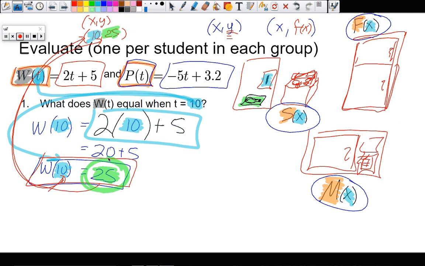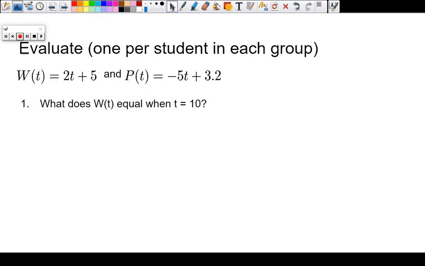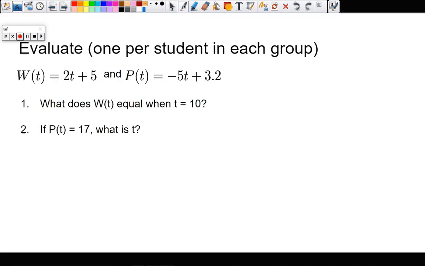All right, so let's keep working. If P of t is 17, so this is a little bit different, then what is t? Here we go. Let's identify what we are working with. We're talking about this machine right here. You with me?